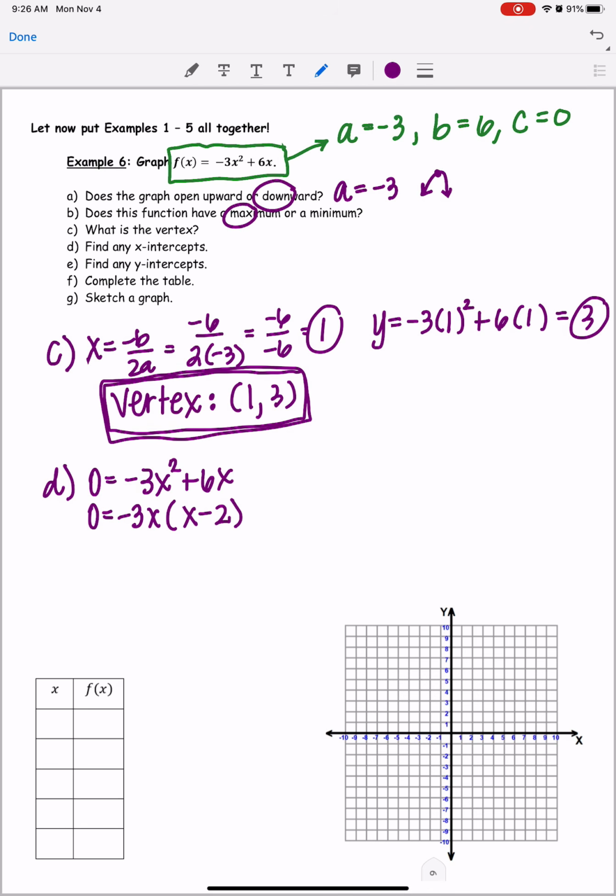So now that I have this factored, set each of these equal to 0. So I've got negative 3x equals 0 and x minus 2 equals 0. So divide here by negative 3, and 0 divided by anything is 0. So this as an ordered pair is 0, 0.